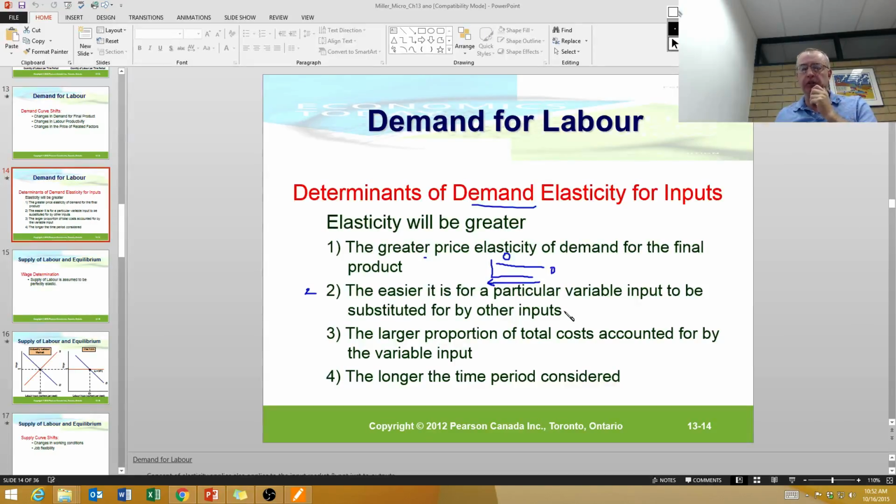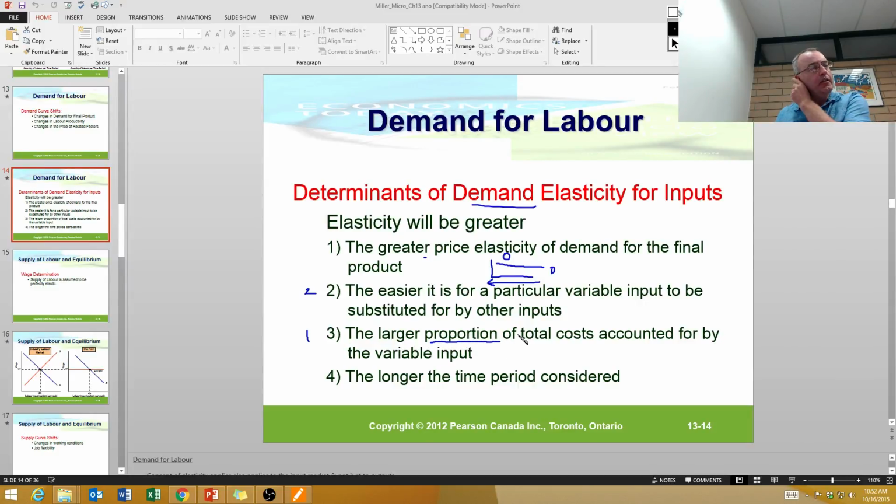An example from the book is if glass and plastic for food containers are substitute inputs, then the price increase in either one of them will reduce the quantity demanded for that one and it'll increase the demand for the other.